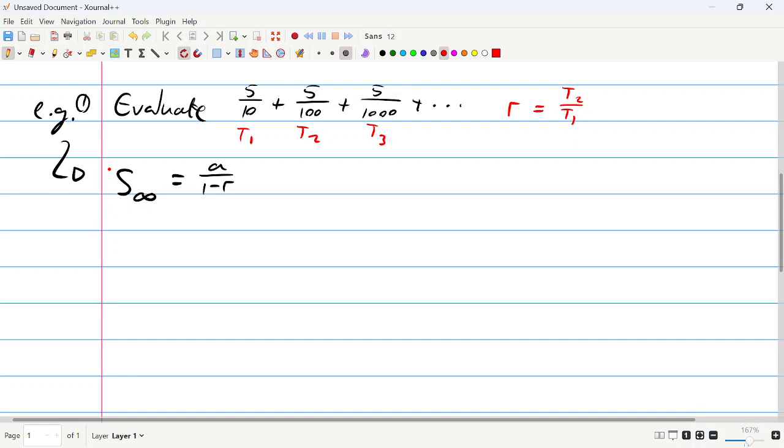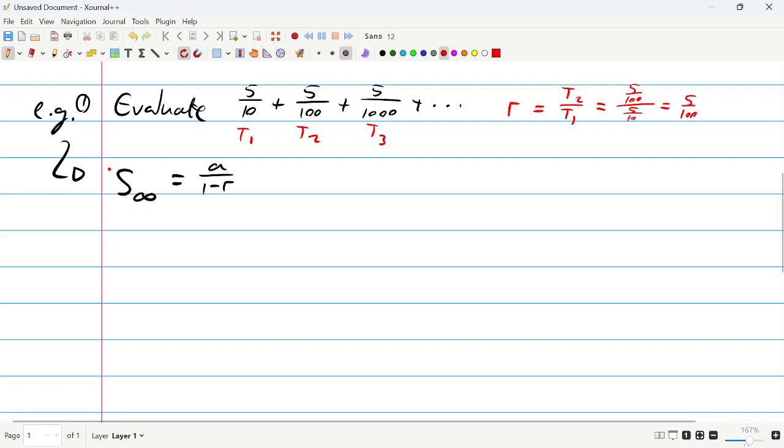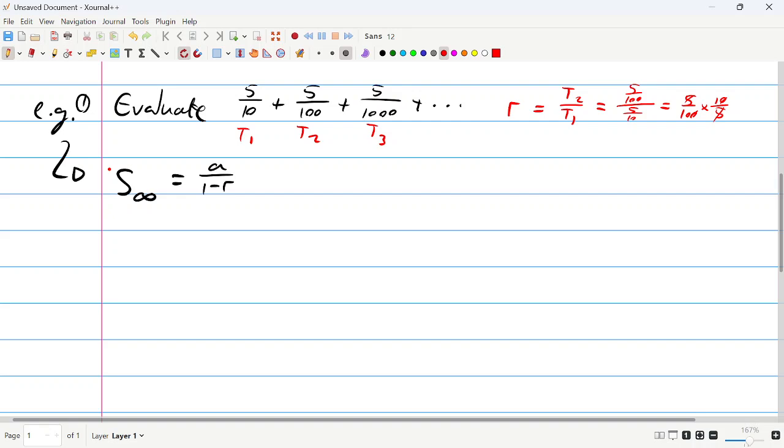So r is going to be equal to 5 over 100 all divided by 5 over 10. From here, we can just flip and multiply. It's going to be 5 over 100 multiplied by 10 over 5, where the 5's cancel and the 0's cancel, therefore we're left with 1 over 10. So r is just equal to 1 over 10.